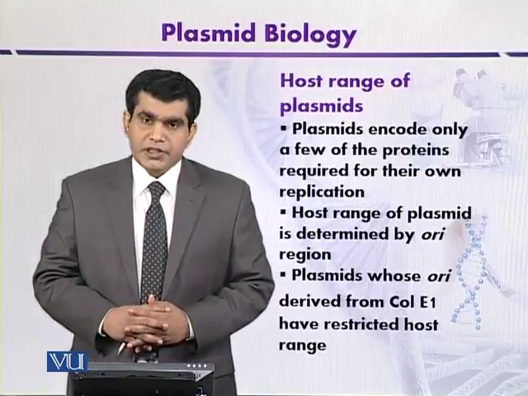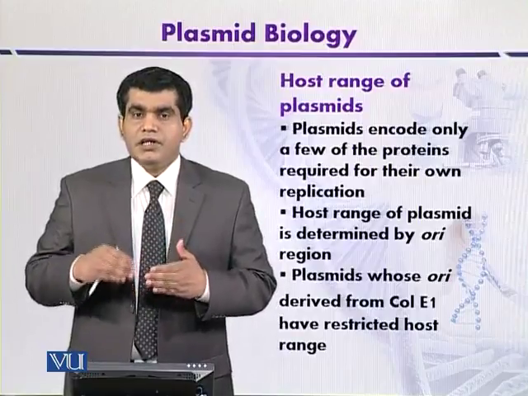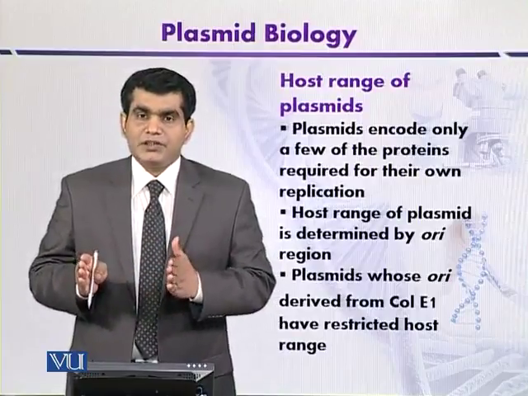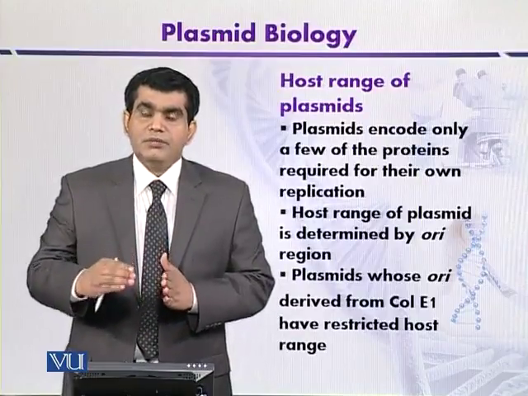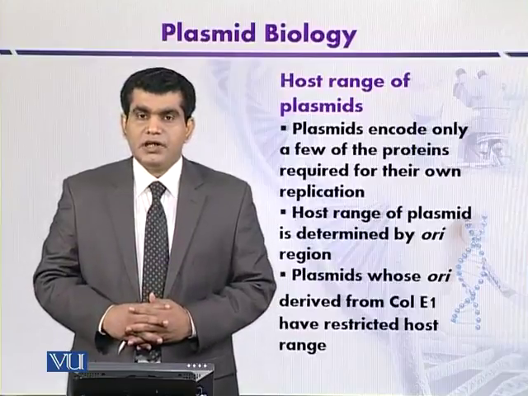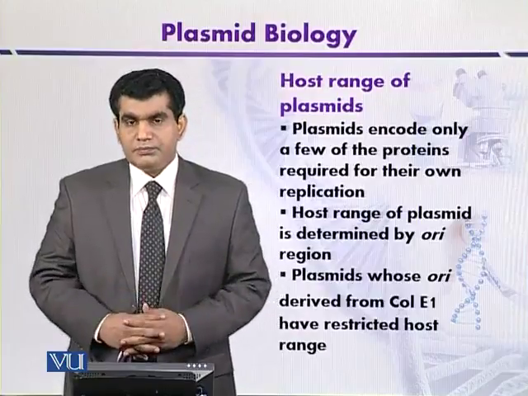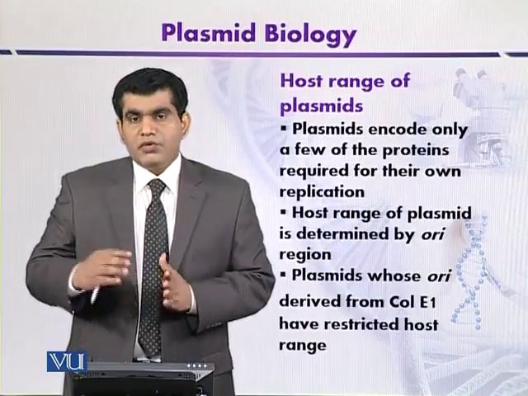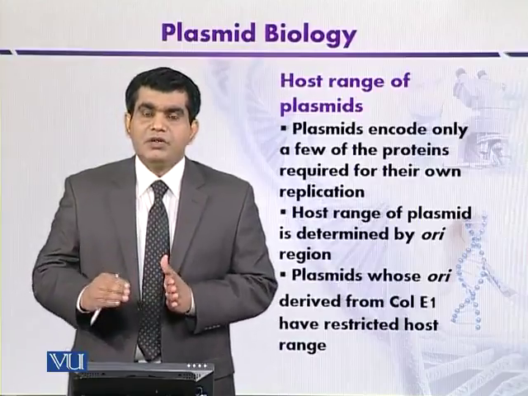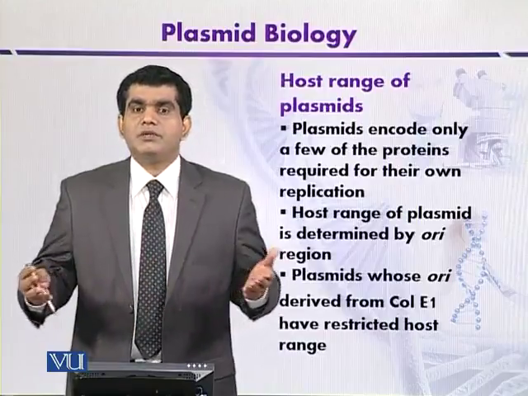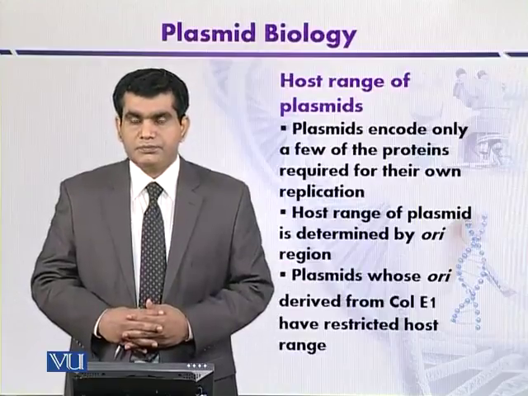One can say that the essential genes for DNA replication are present very near to the region of replication, and the other part of the plasmid is not required for plasmid replication. So we can delete those parts of the plasmid and replace them with foreign DNA or a gene of interest.